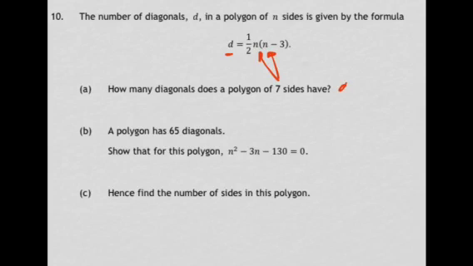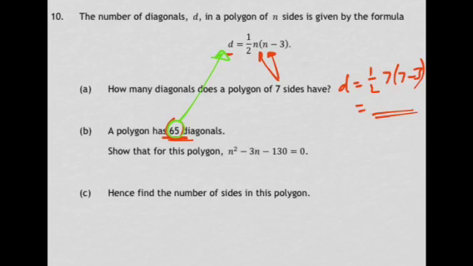So you're going to have D is equal to 1/2 of 7 times 7 take away 3. Okay, whatever that comes out to be. The second question says to you that the polygon has 65 diagonals. So for that, that means that you have to put 65 in where D is.